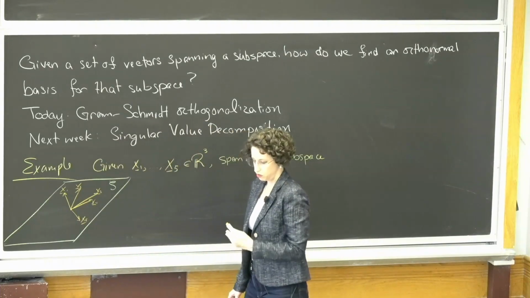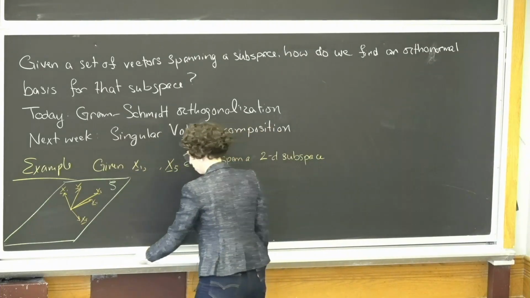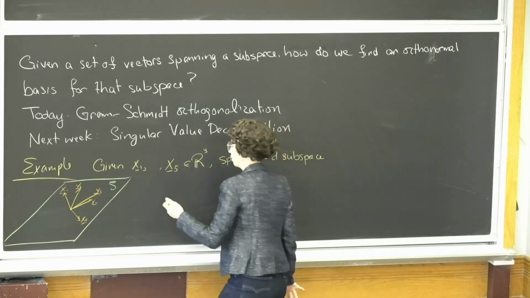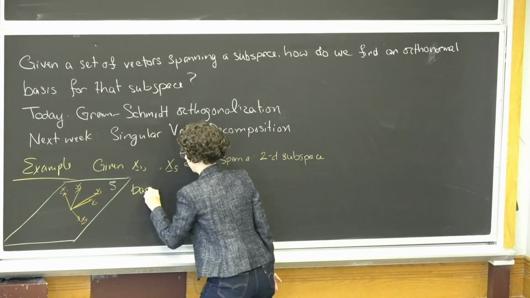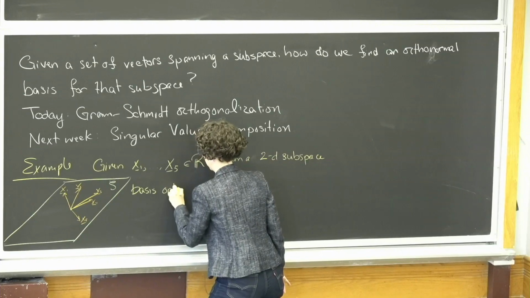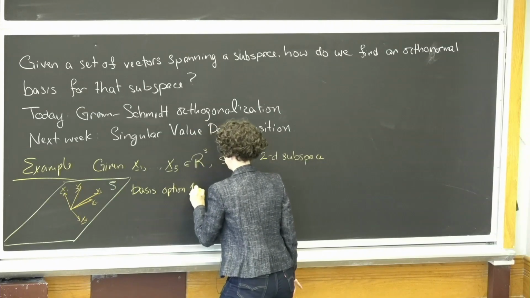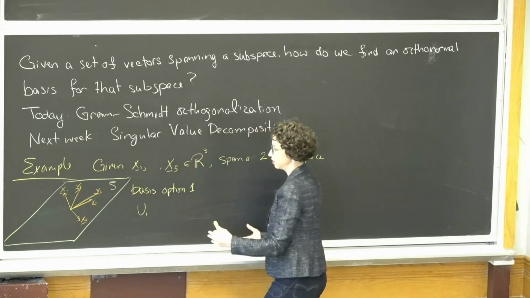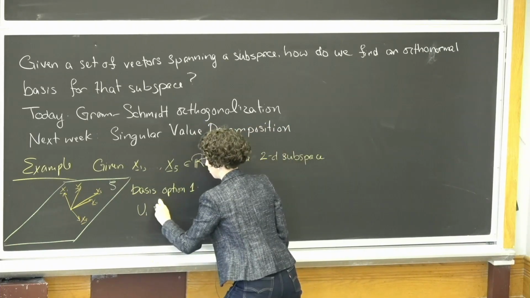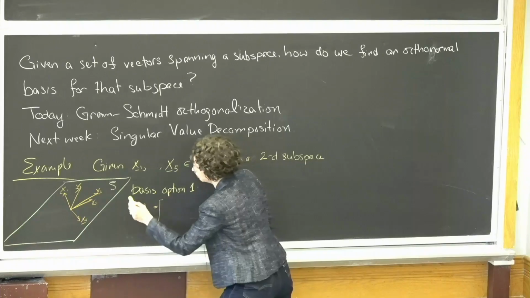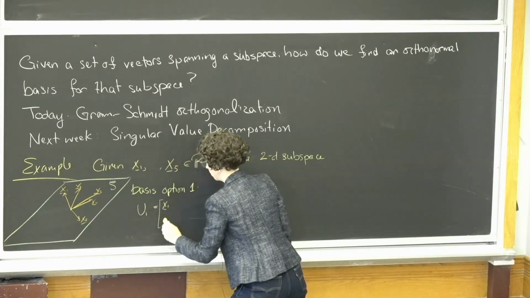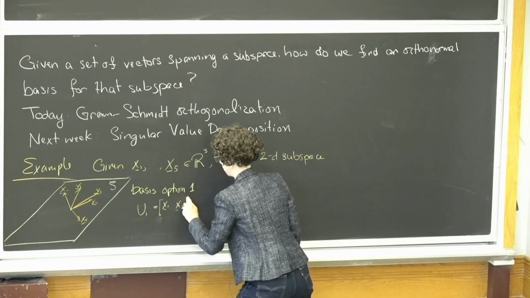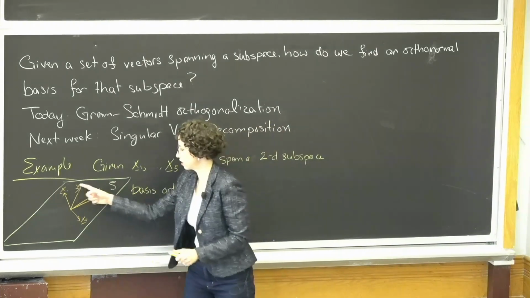Okay, so now we could have a couple of different options for what that basis might look like. So basis option 1, and I'm going to call that U1. I could form a basis matrix where the first basis vector is just x1 and the second basis vector is simply x2, right? So these are 2 different vectors.